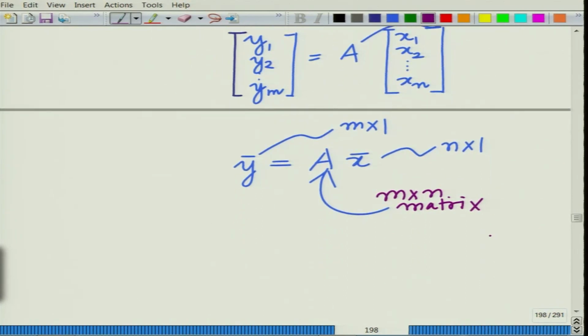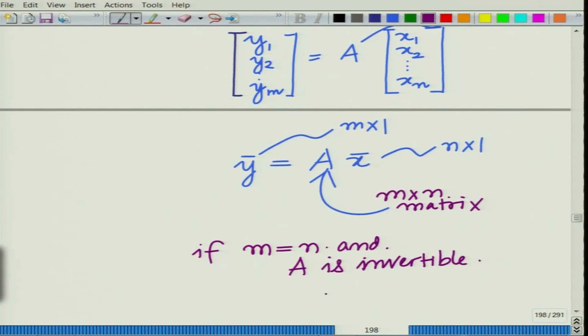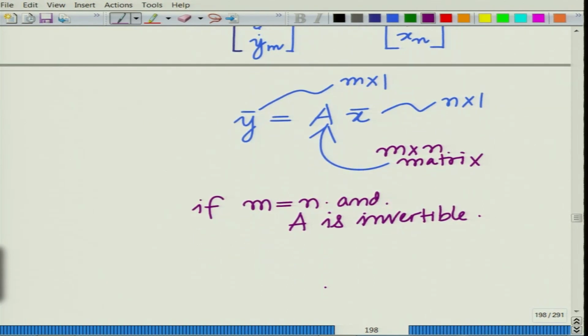Now, we have seen that if m equals n and A is invertible, that is, A is a square matrix, only then can you talk about the inverse, but even then it is not guaranteed. Any square matrix need not be invertible.